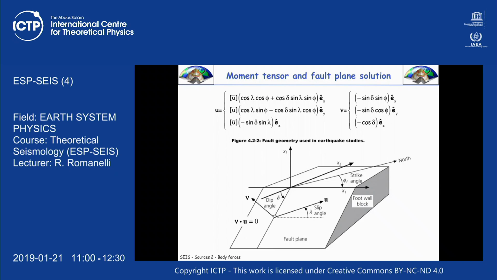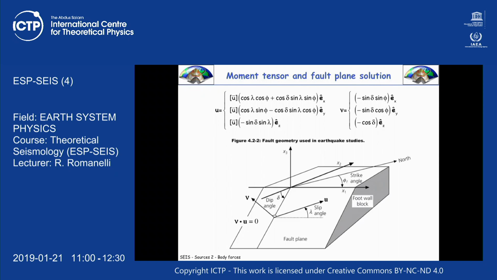I modified this picture because they are using just a little bit different wording with different letters here, but to be compatible with the other slides, I put here a U. That's the slip vector. It has a direction, and the direction will be described by the slip angle or the rake.